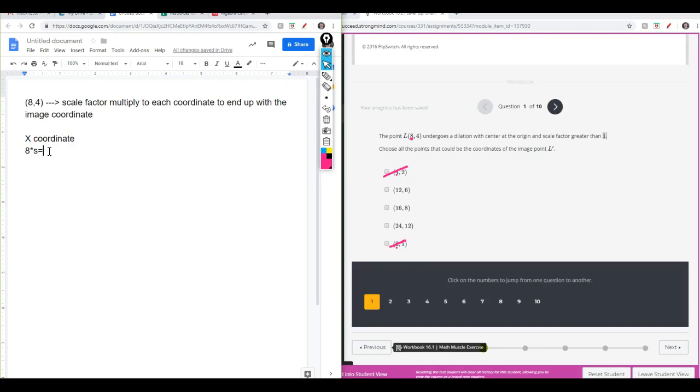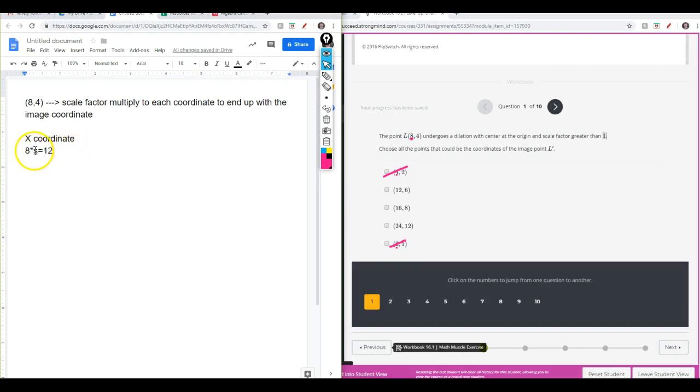We have another option. The easiest way here for us to do it is actually to do it backwards, because they give us the ending coordinate. So 8 times the scale factor, we're going to see if that equals 12.